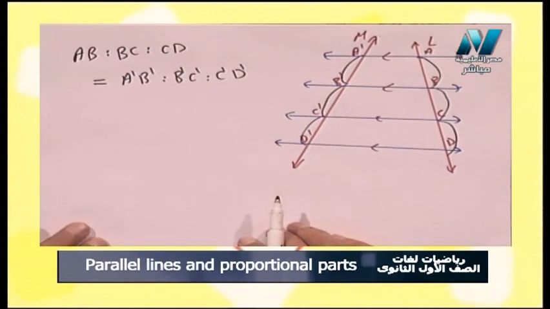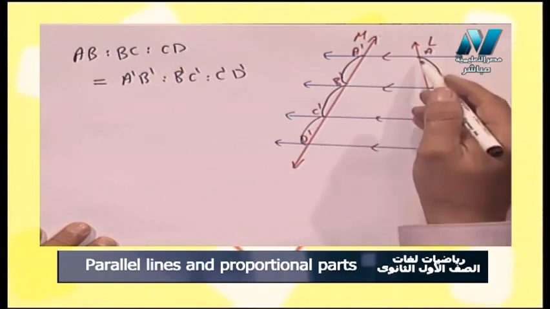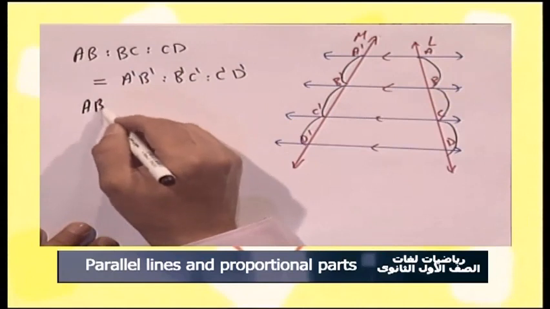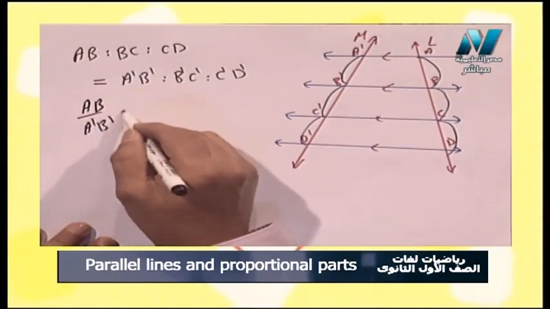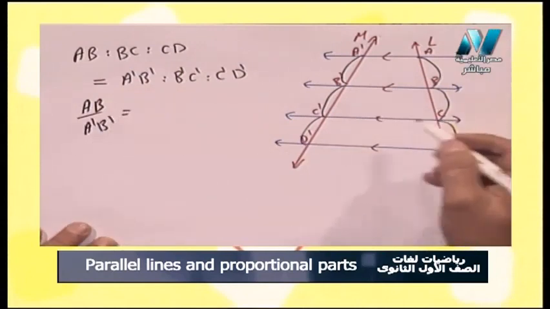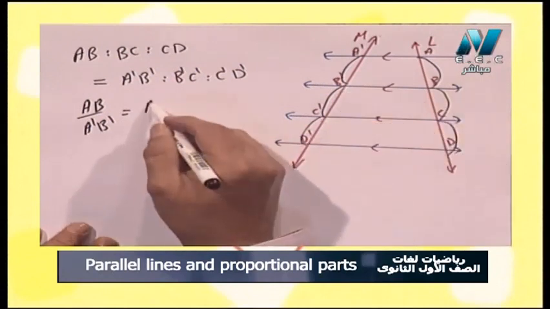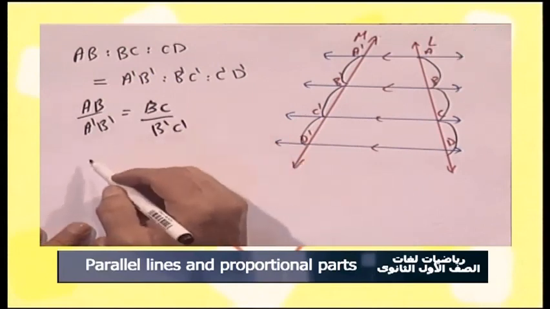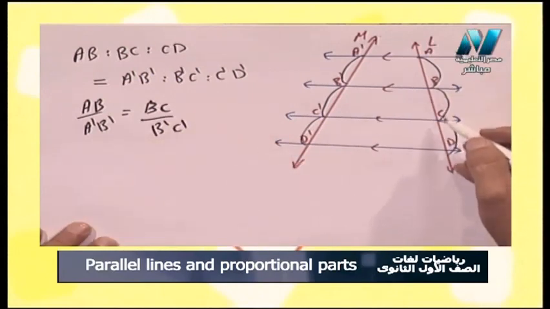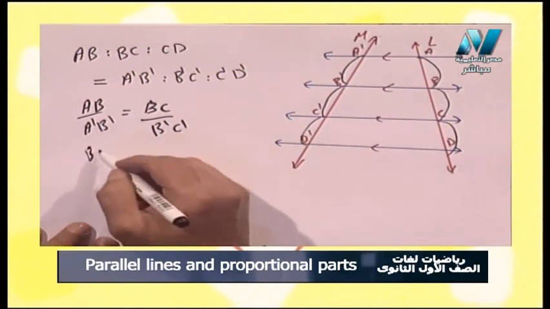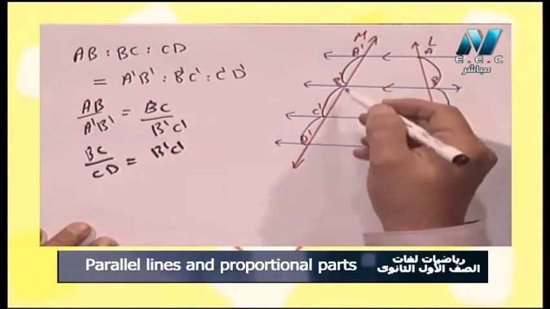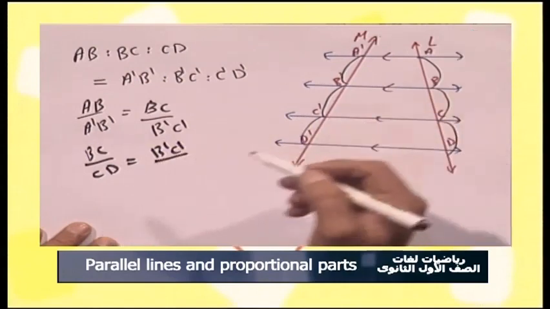And we can say many things else from the properties of the ratio. So we can say that AB over A dash B dash equals BC over B dash C dash, and we can say that BC over CD equal B dash C dash, like that, over C dash D dash.